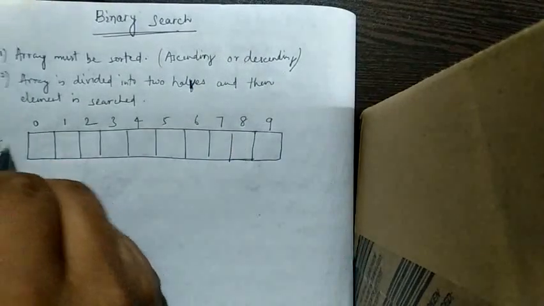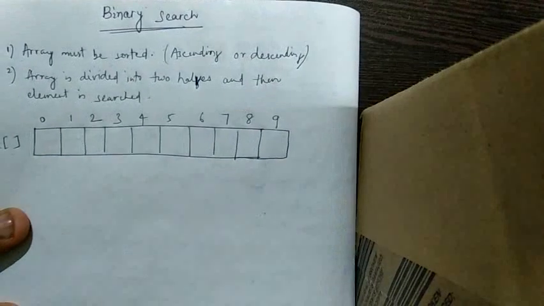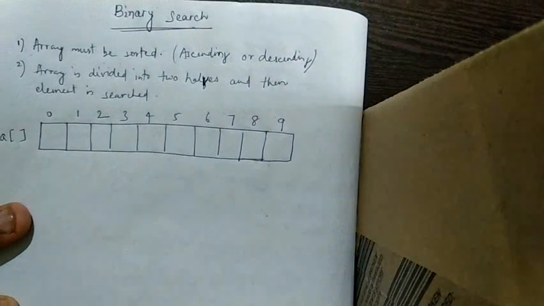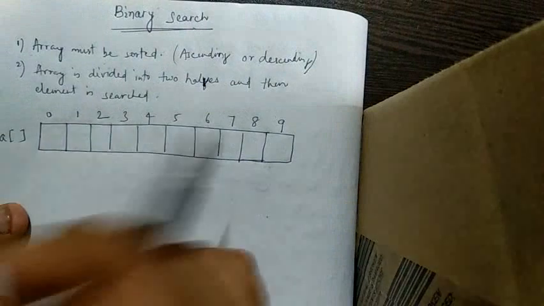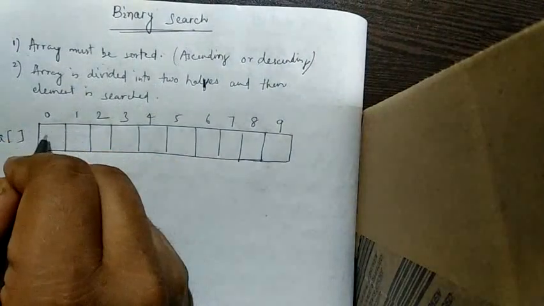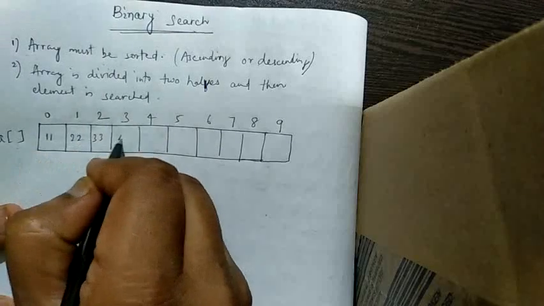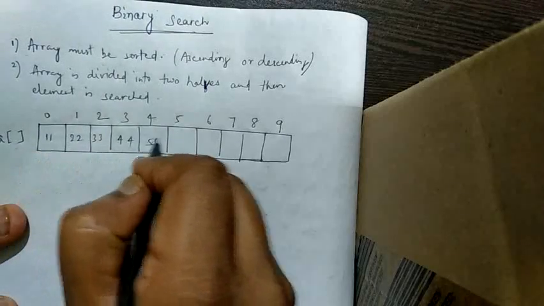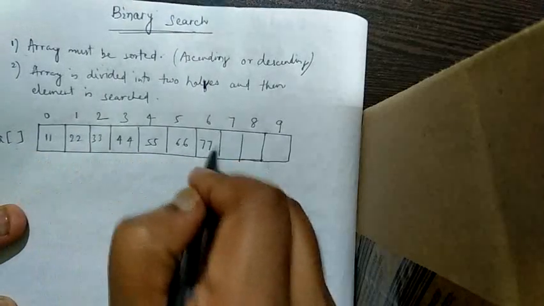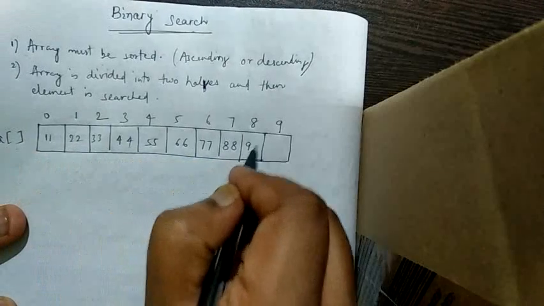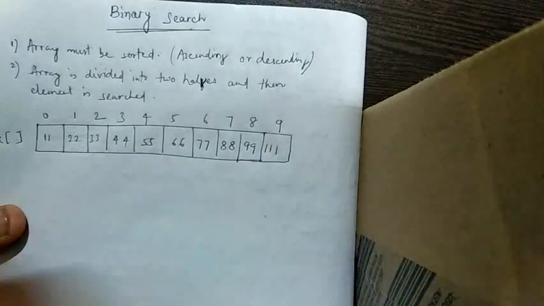Let the name of array be A. Let the elements be 11, 22, 33, 44, 55, 66, 77, 88, 99 and 111.